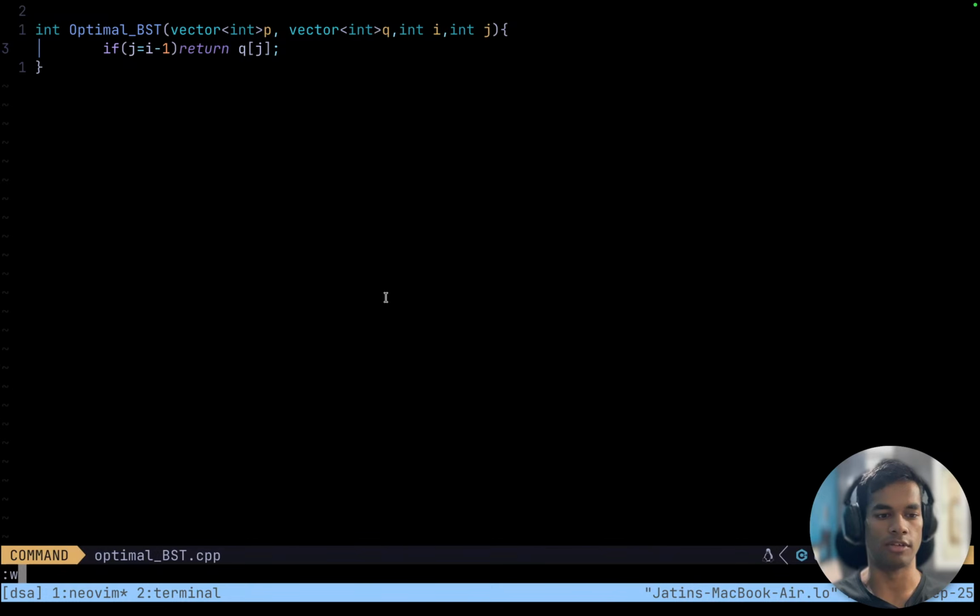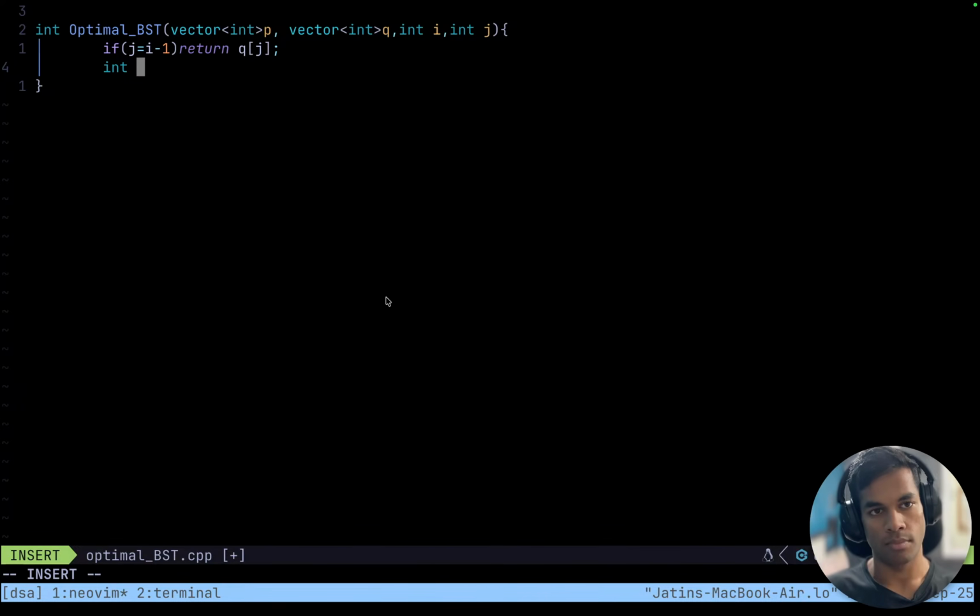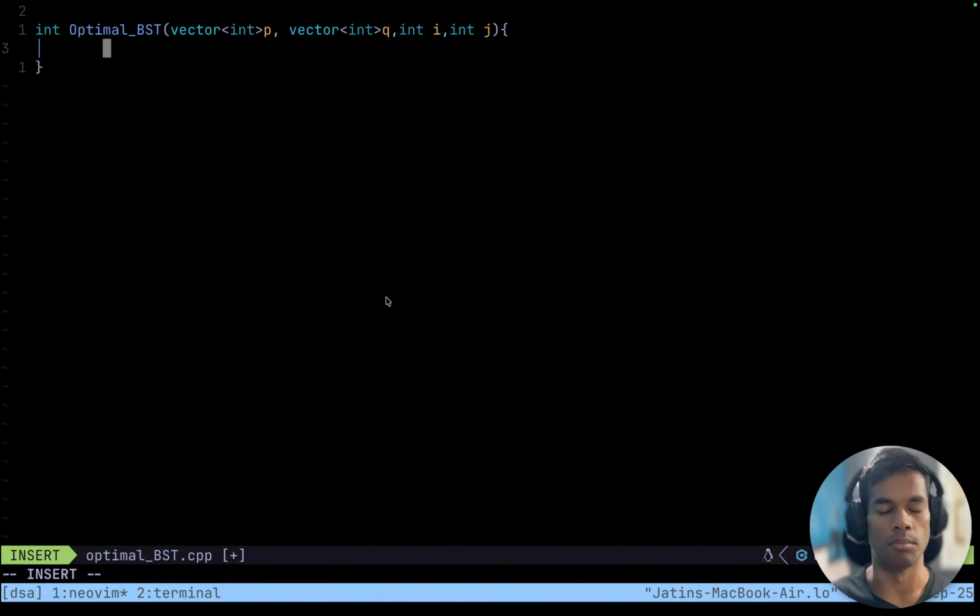Let me increase the size a little bit. But if that is not the case, then wait, we are going to write an iterative solution. Yeah, we are going to write an iterative solution. So my bad for messing that up.